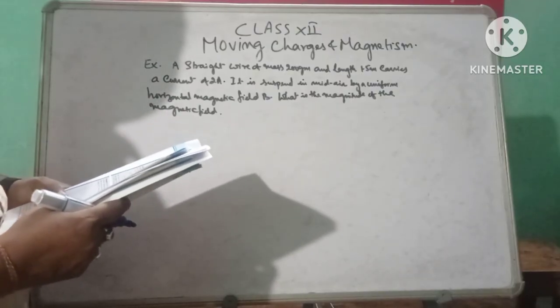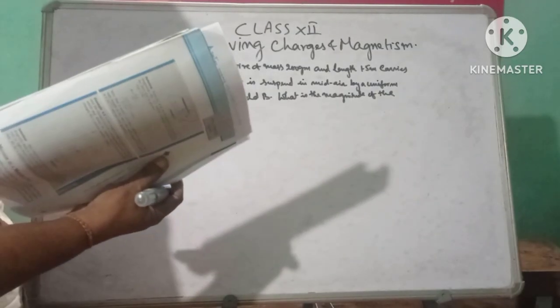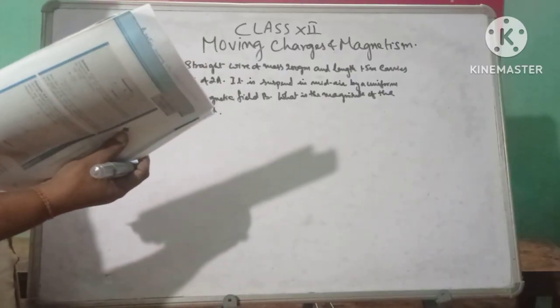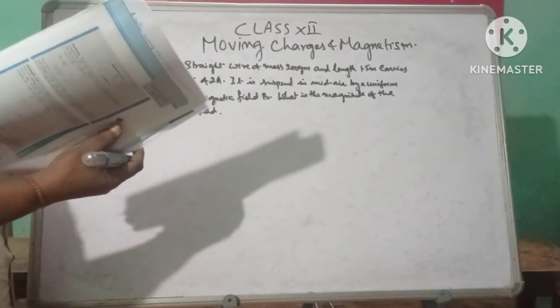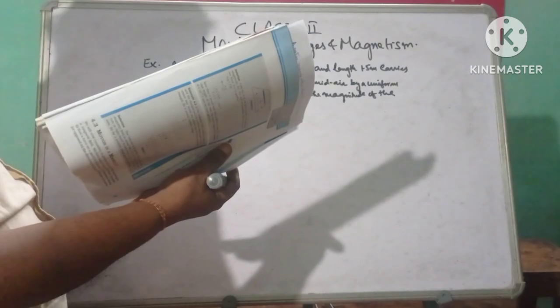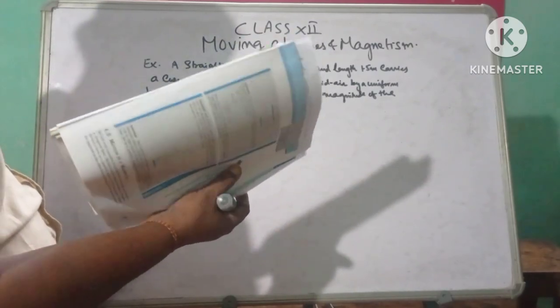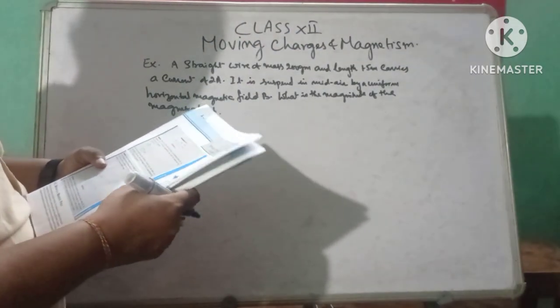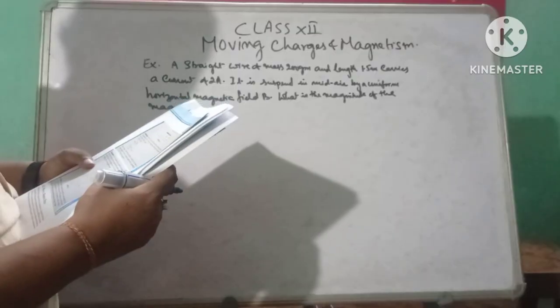The question is given: it is suspended in mid-air by a uniform horizontal magnetic field B.